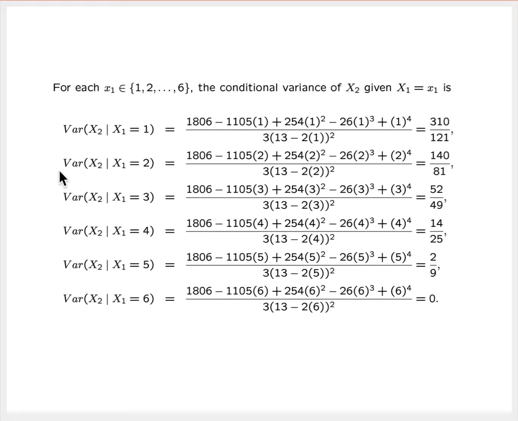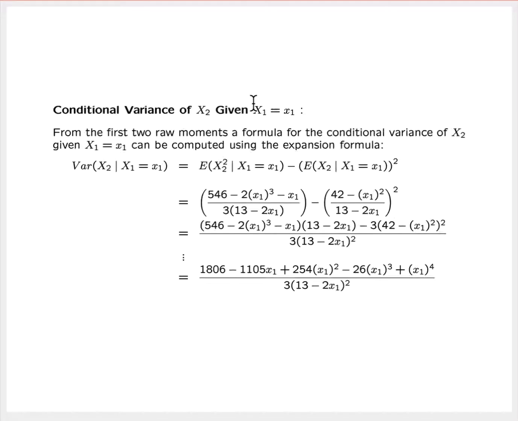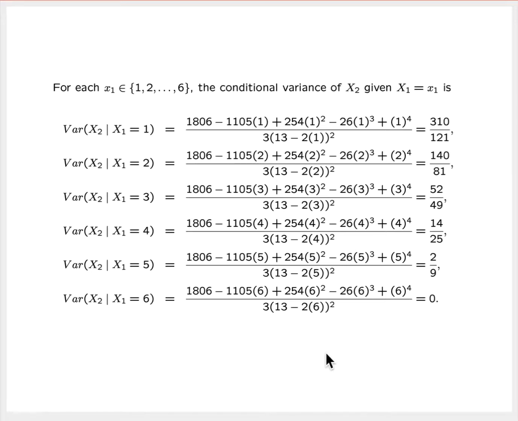Okay, so now we're at this page, and again, we're just using this fairly straightforward formula that we've derived to compute the conditional variance of x2 given that x1 is equal to each of these different values, each of the 6 values in the sample space of x1.